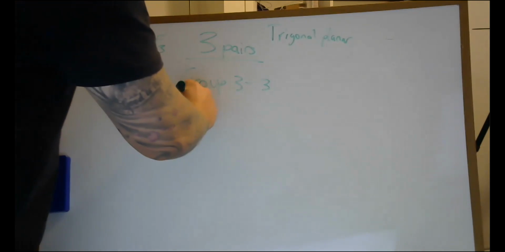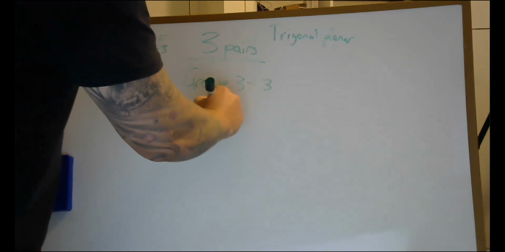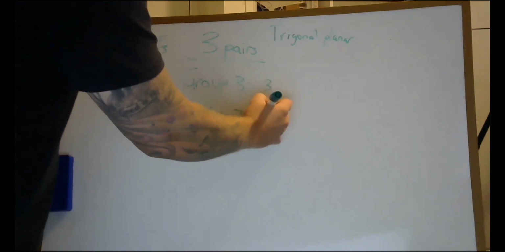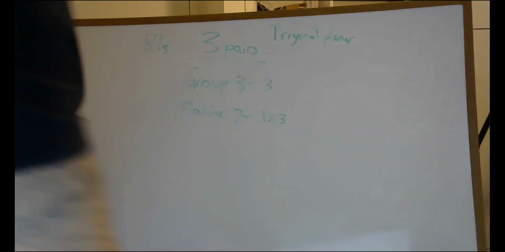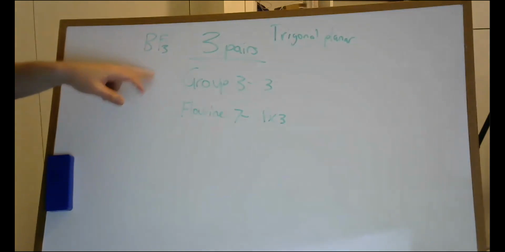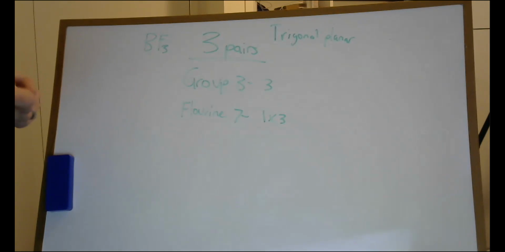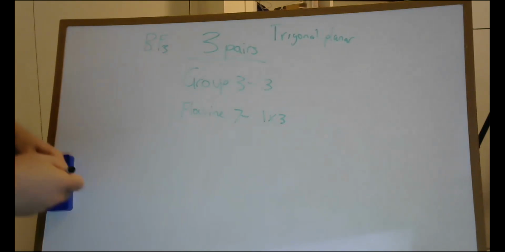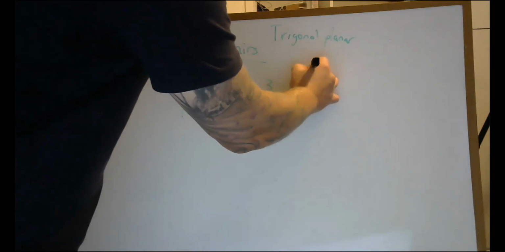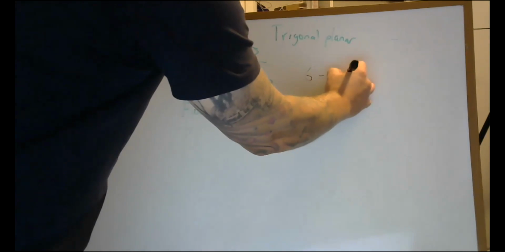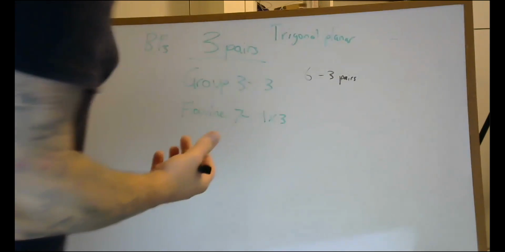Fluorine is in group 7, so 1 times 3. Because there's 3 fluorine in group 7, each contributes 1 electron. So we've got 6 electrons in total, so 3 pairs of bonding electrons.